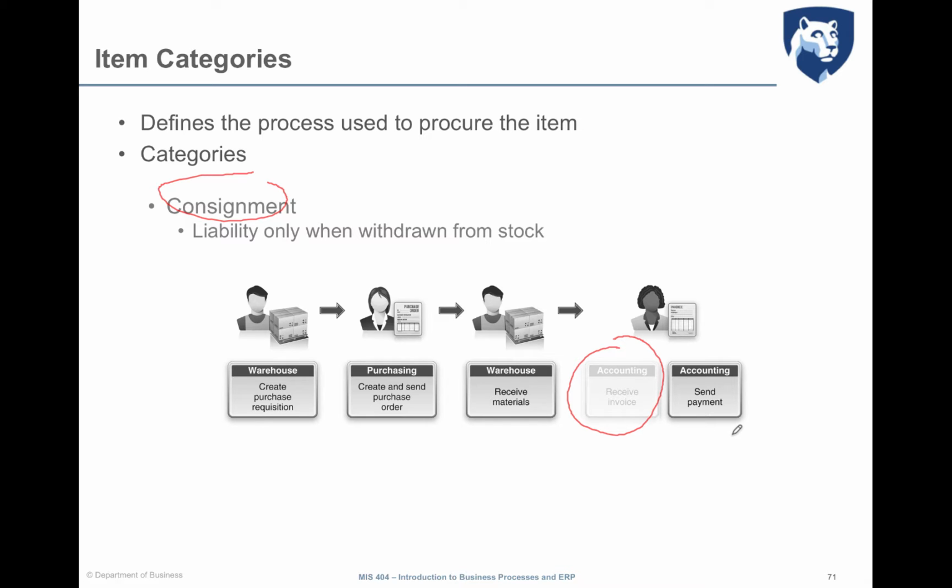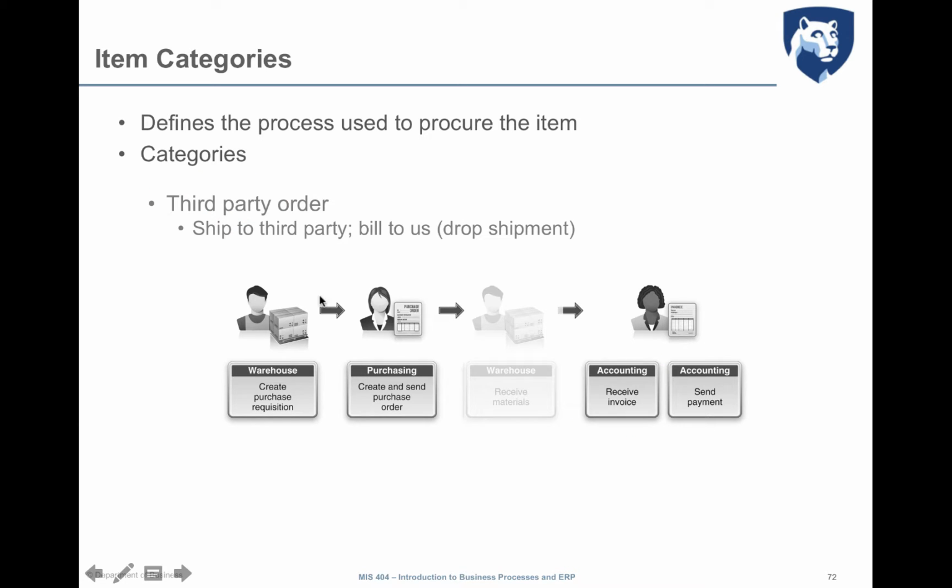material from the stock. Another case is third party order. In case of third party order, we are referring to items that the vendor ships directly to the customer. So the customer receives the goods directly from the vendor, and so there is no goods receipt.